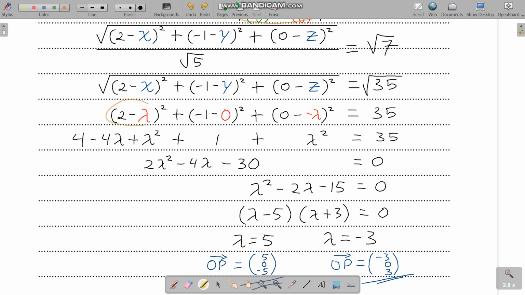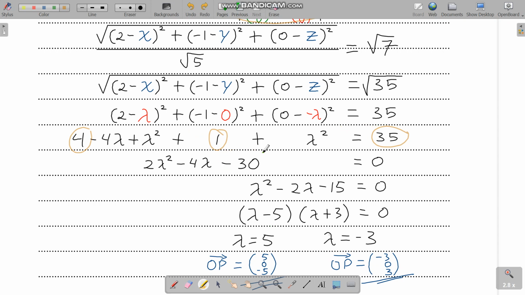This is 4 minus 4 lambda plus lambda squared. This is just 1, and this is just lambda squared, and lambda squared plus lambda squared is 2 lambda squared. 4 plus 1 is 5, and then we subtract both sides by 35. 5 minus 35 is minus 30.